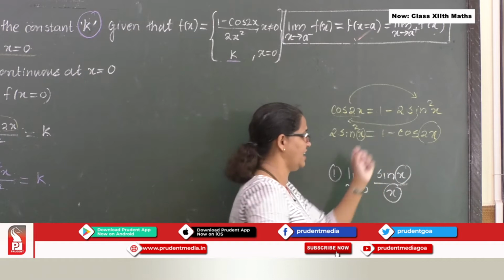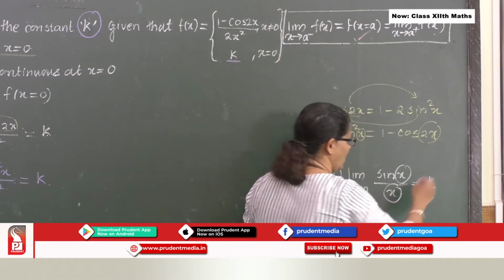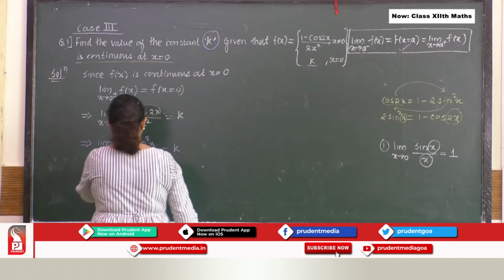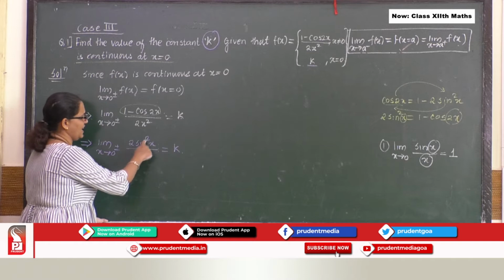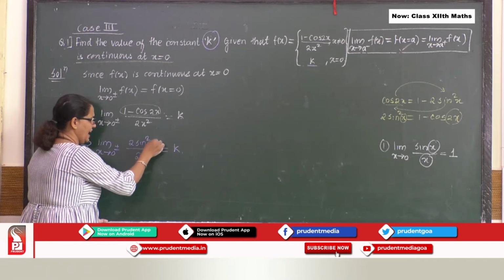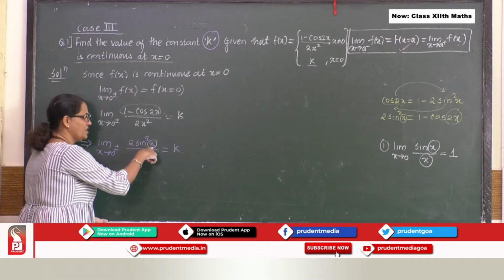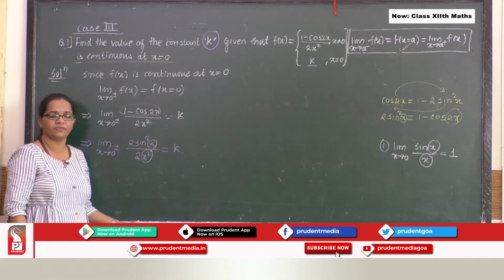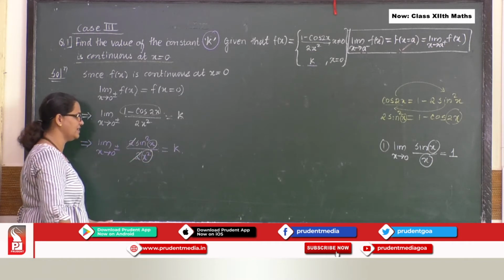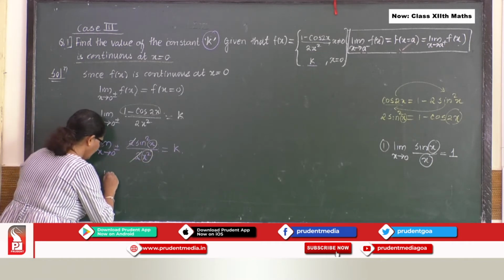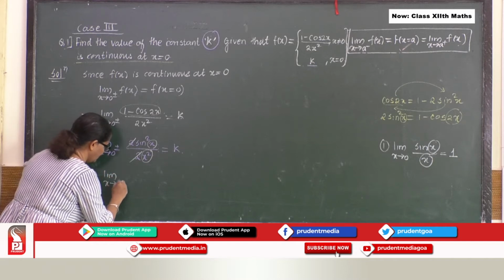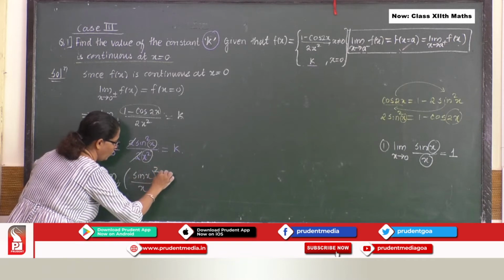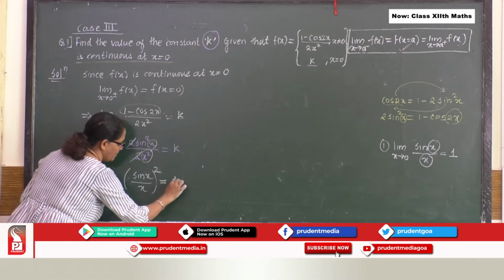Then only can I write the entire setup as 1. Perfect? So now here also I will be using a similar concept. You can see I have sine square of x, so here I have x square. This 2 and 2 get cancelled. So I say limit x tends to 0 of (sine x upon x) the whole square equal to k.